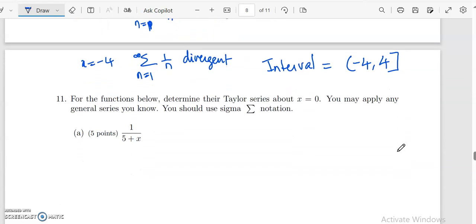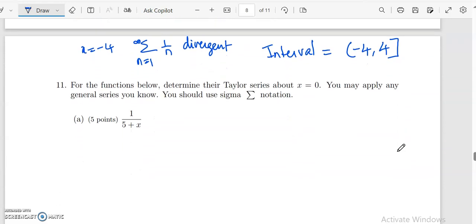And the next problem, we need to determine the Taylor series about x equal to 0. You may apply any general series that you know. So we know that summation n equal to 0 to infinity x raised to n, which is the geometric series, will be equal to 1 by 1 minus x.